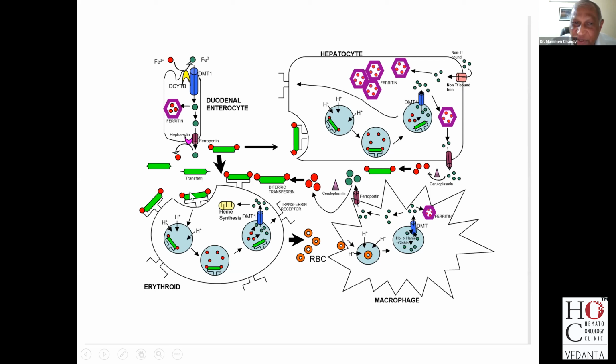Now it comes into the plasma and it binds to transferrin. Please remember that the red cell can take up iron only if it is presented with transferrin. I have a little girl in Calcutta whom I diagnosed in Vellore. She has hereditary atransferrinemia, right?